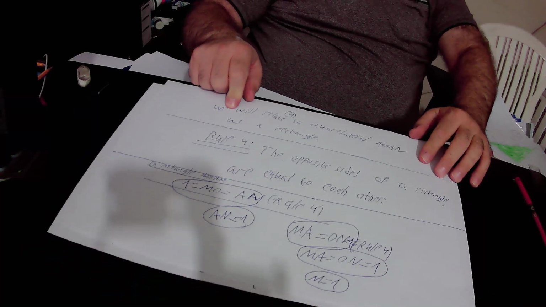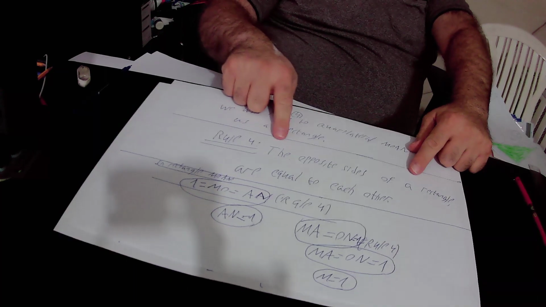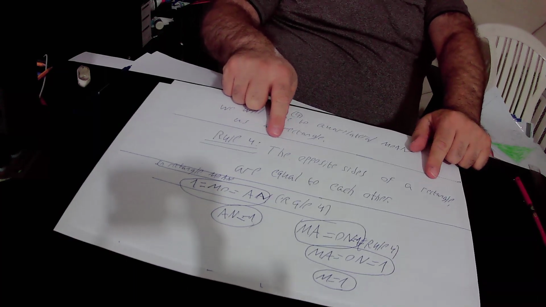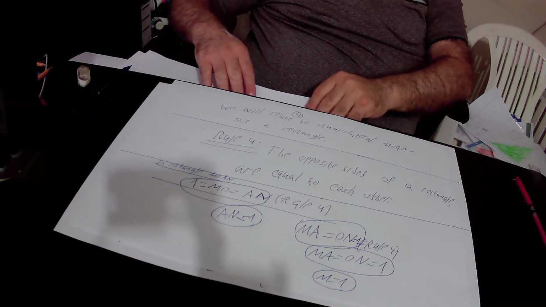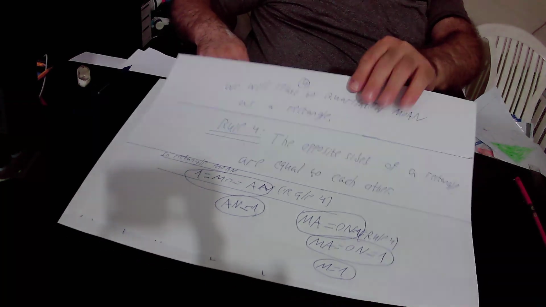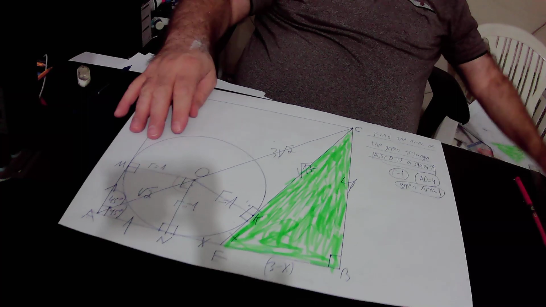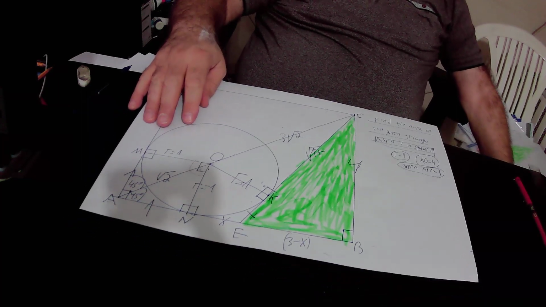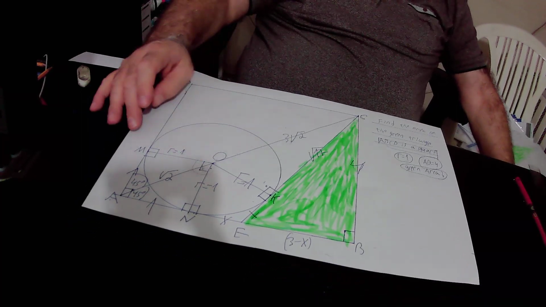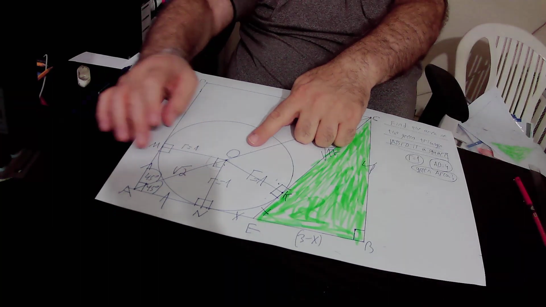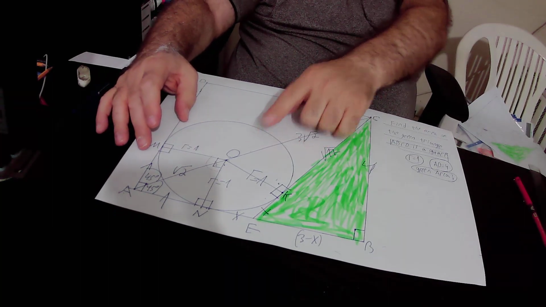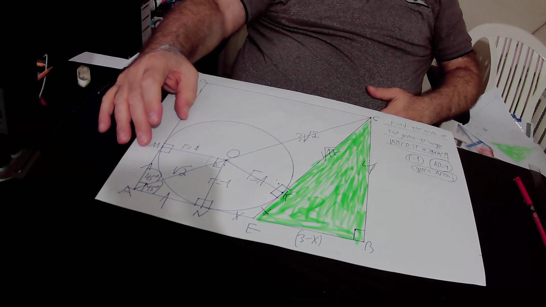And we also have rule number 4 that states that the opposite sides of a rectangle are equal to each other. So we relate to quadrilateral MOAN as a rectangle. So in rectangle MOAN, the opposite sides are equal to each other.